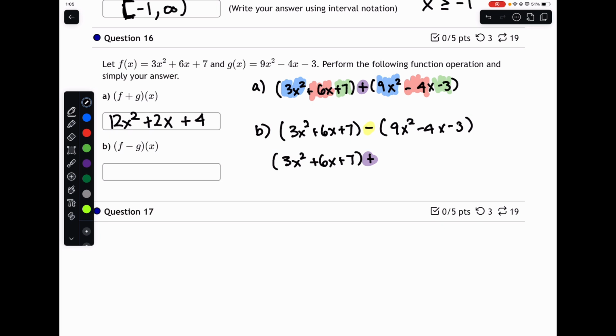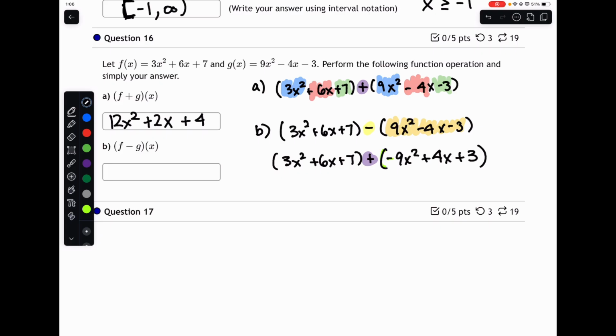And I'm going to change these values in here to their opposite value. So positive 9 will now be negative 9. Negative 4x is now positive 4x, and minus 3 is now plus 3.